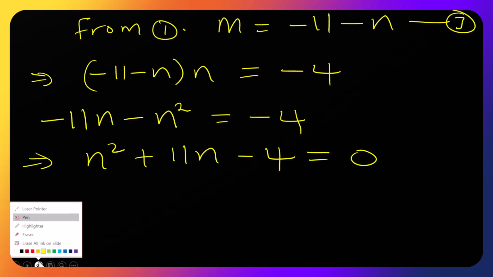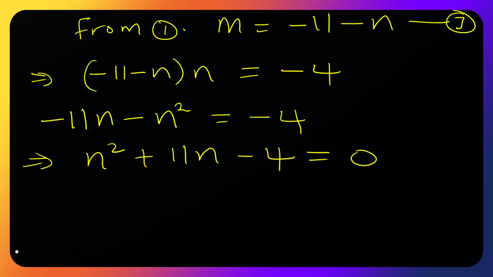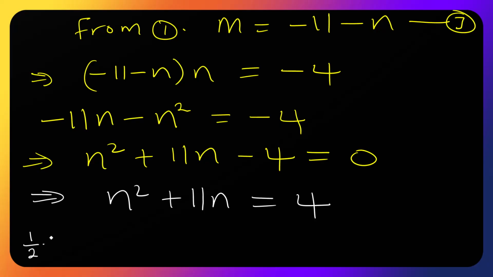Let's solve by the method of completing the square. So let's complete the square of this. We have n squared plus 11n equals 4. Let's take half of the coefficient of n, that will be half of 11, or squared, that will be 11 on 2 squared.